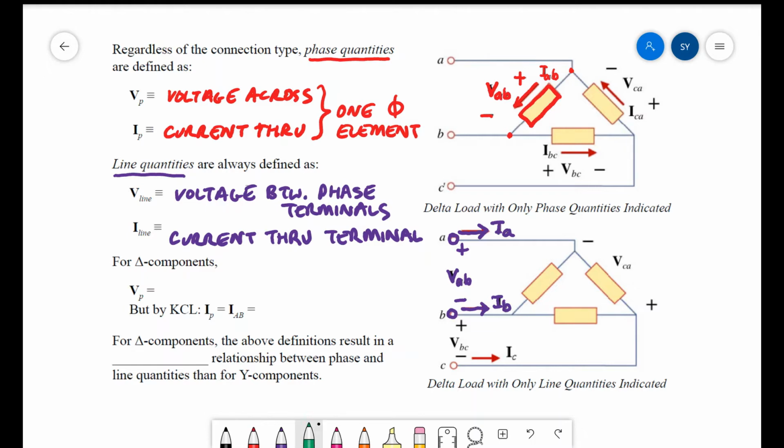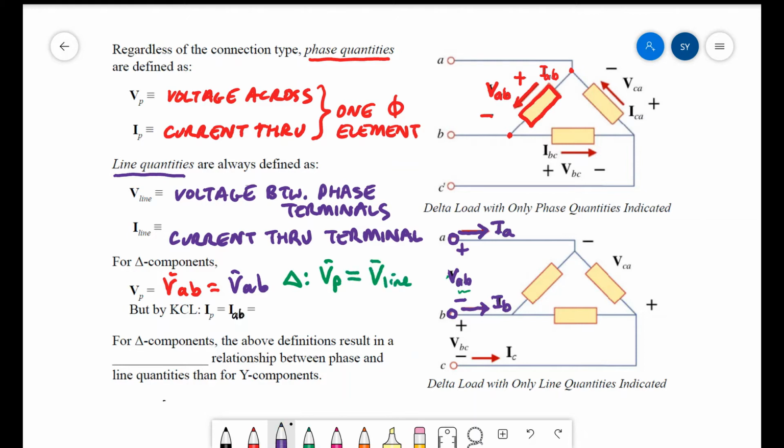If we look closely, this also happens to be the associated line voltage, which is also called VAB. This is because a delta-connected component is connected directly to the terminals end-to-end. Therefore, we have that VAB equals VAB. That is to say that for delta components, V phase is equal to V line.